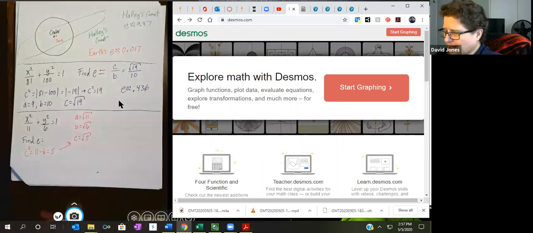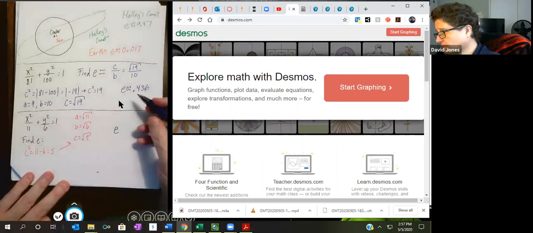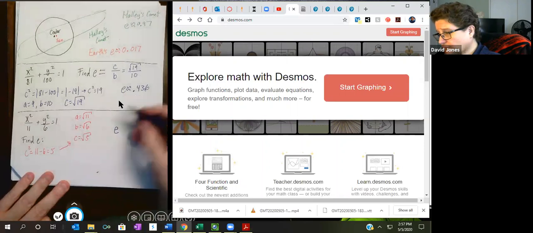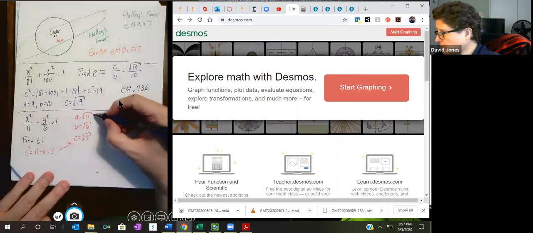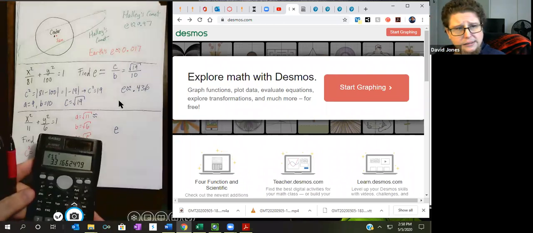What's the bigger value there between A and B? A is. What is that about? A little over 3. Square root of 9 is 3. So square root of 11 is a little bit higher, maybe 3.3.